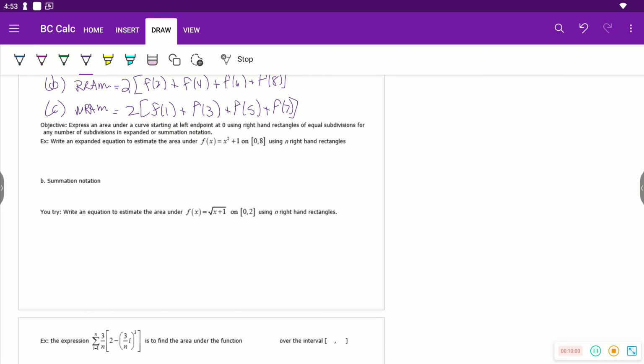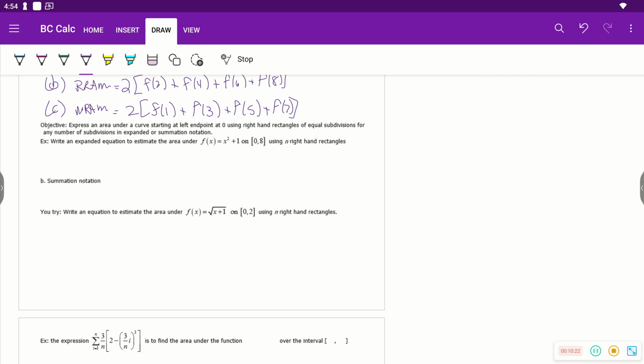Now, working towards a little more abstraction here, express the area under the curve starting at a left endpoint at x equals 0 using right-hand rectangles. So this is the easiest case, when we start at 0 and we are doing right hand.